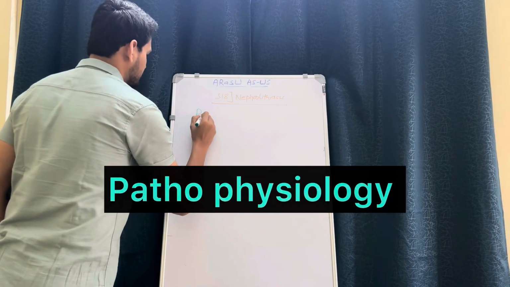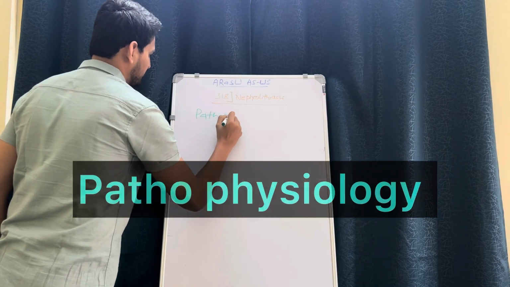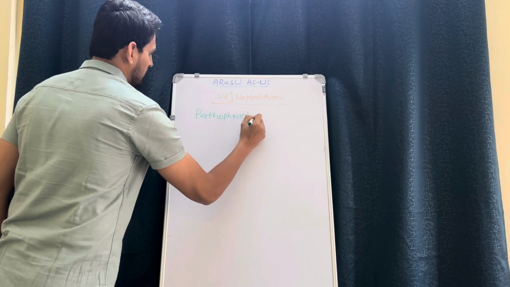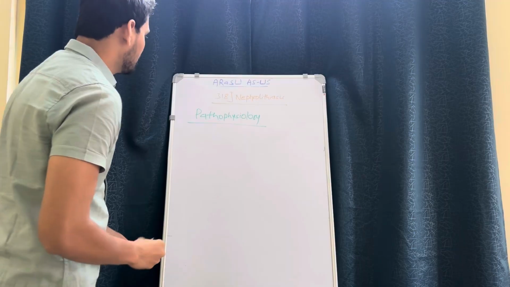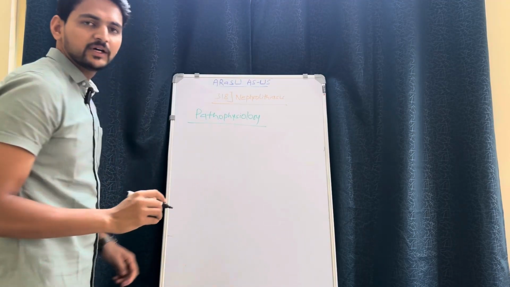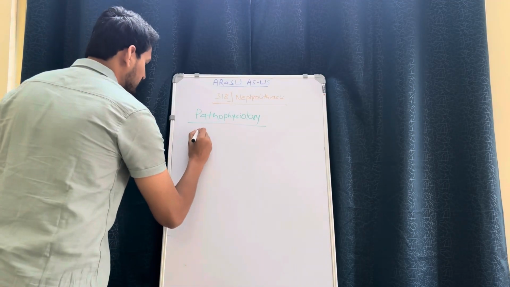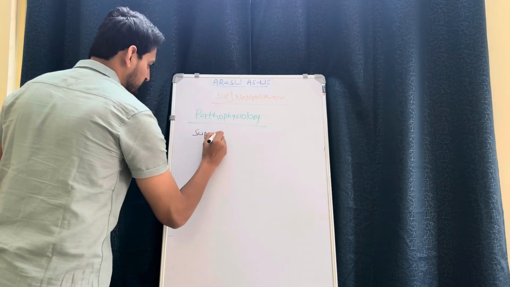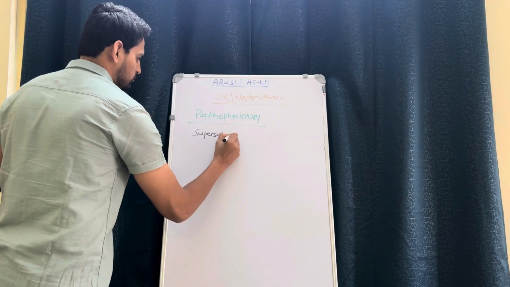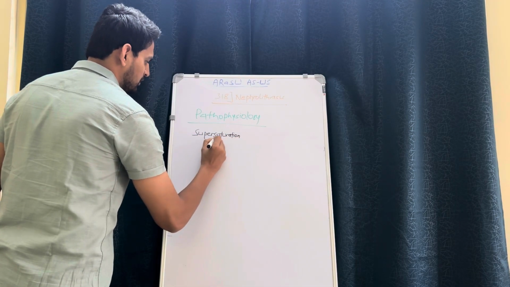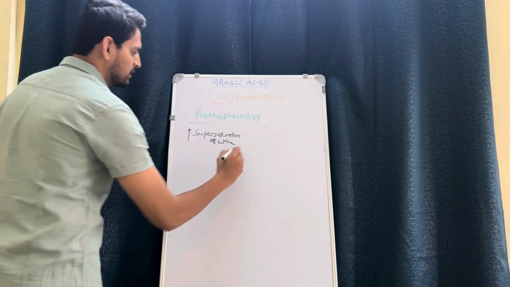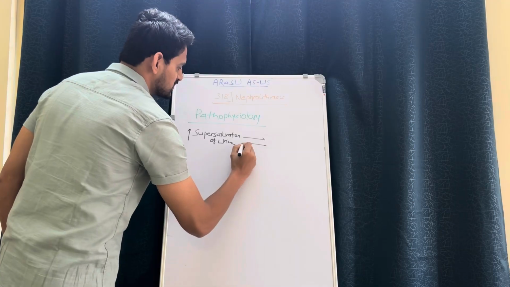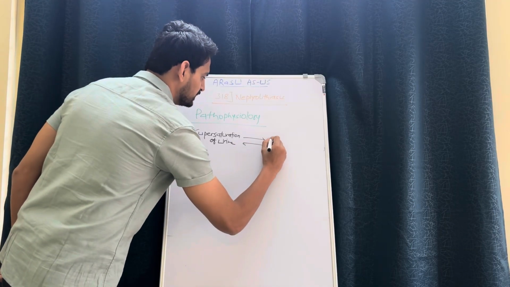So in pathophysiology, now we got the risk factors. How does it start and how it will lead to manifestation? Mainly because of the 2 things. One is supersaturation of the urine, and decreased levels of citrate in the urine.